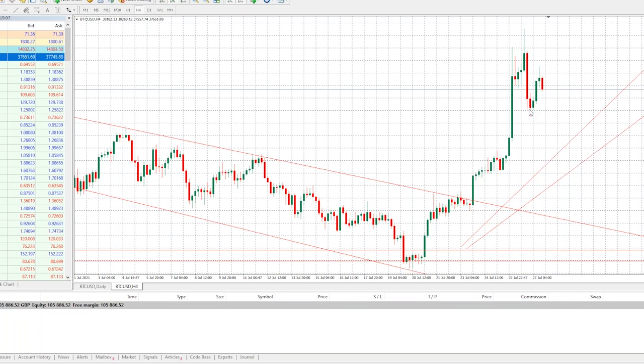Okay, so that's the situation. Now the uptrend ran out of energy at about 40,000. So here's the new resistance up here around 40,000, and here's the support down around 30,000.